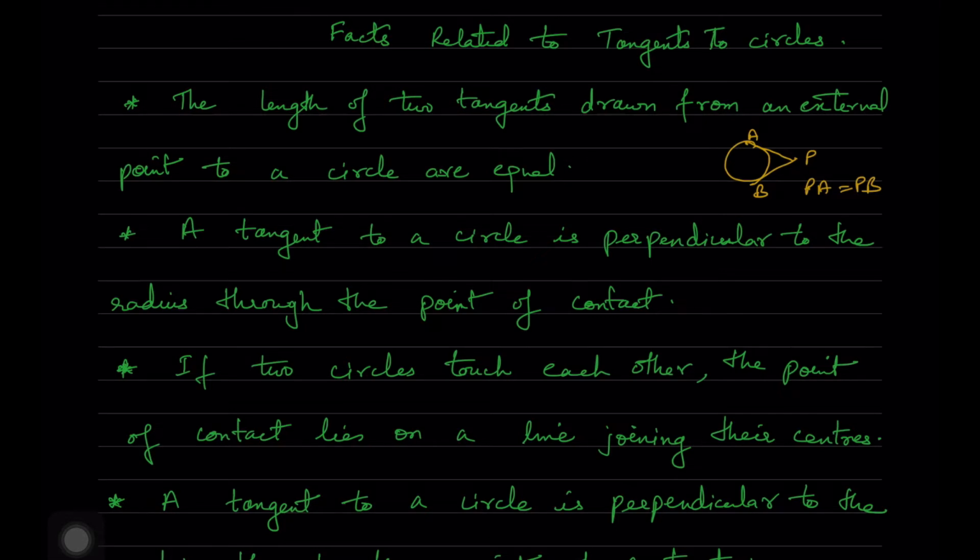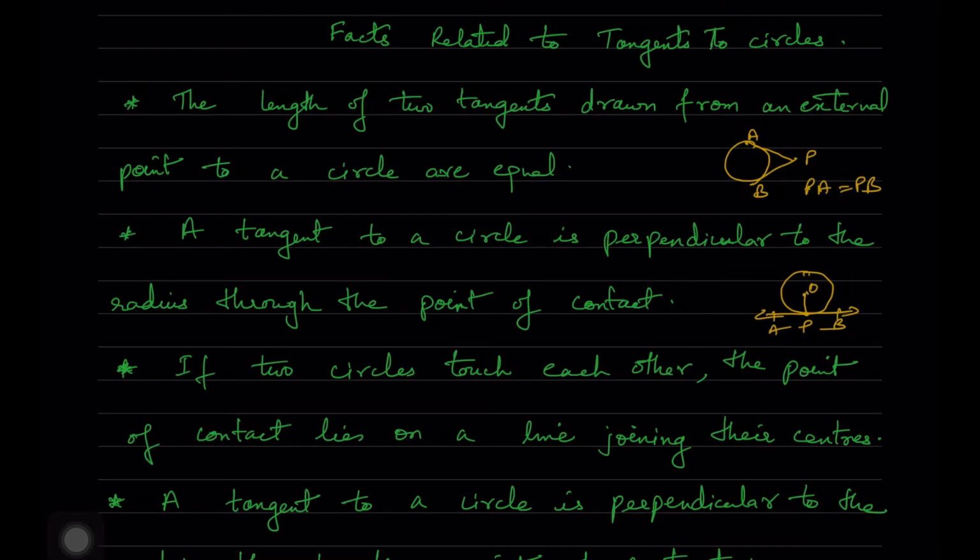Now, a tangent to a circle is perpendicular to the radius through the point of contact. Suppose this is a circle and you have a tangent down here. The point of contact is P over here, AB is the tangent, and OP is the radius through the point of contact, so AB is perpendicular to OP.